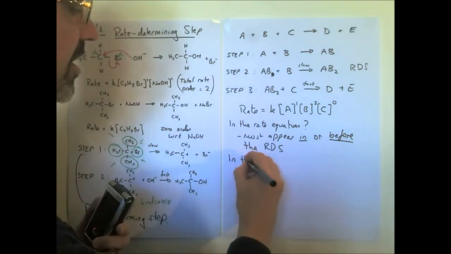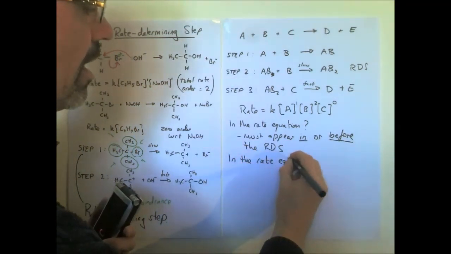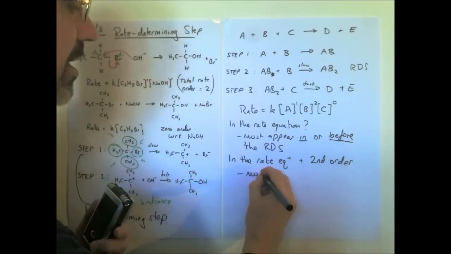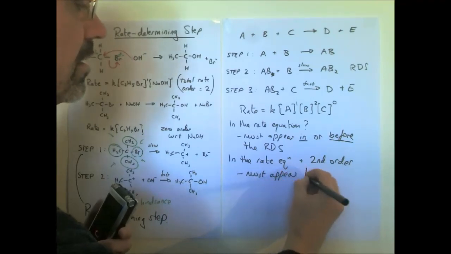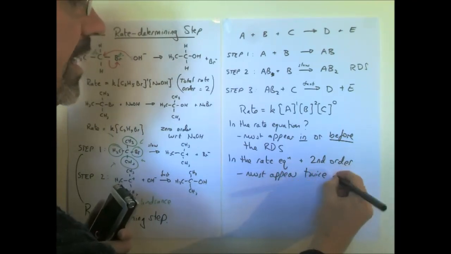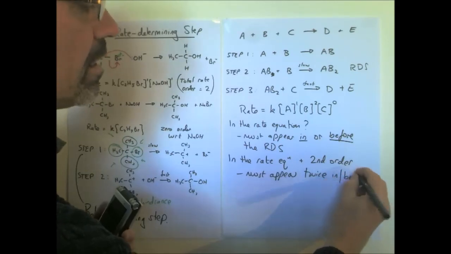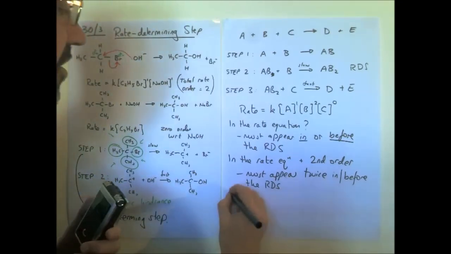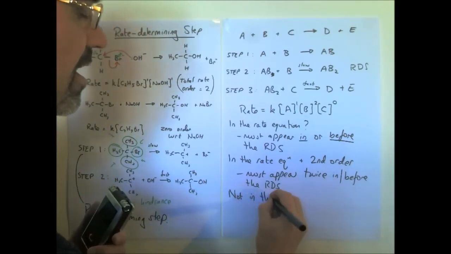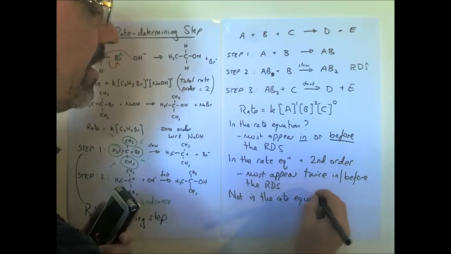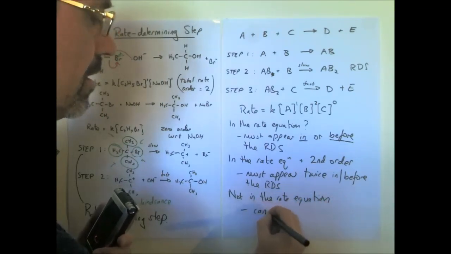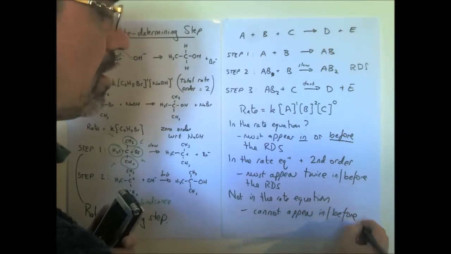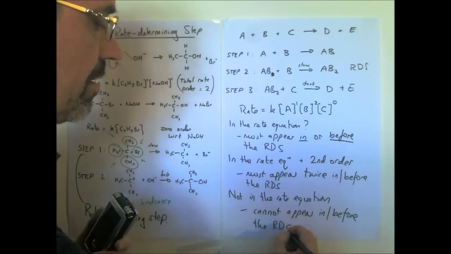If it's in the rate equation and second order, well then it must appear twice, in or before the rate determining step. And then lastly, if it's not in the rate equation, it cannot appear in or before the rate determining step.